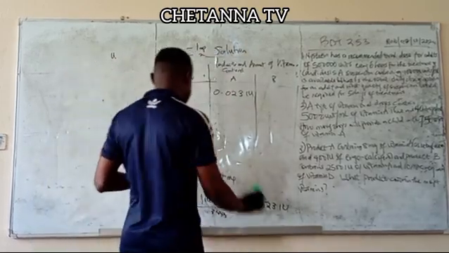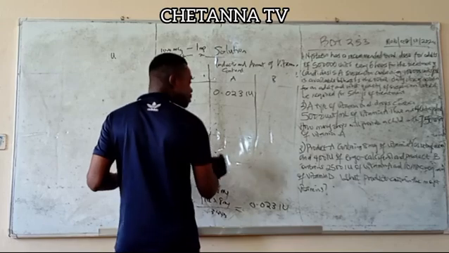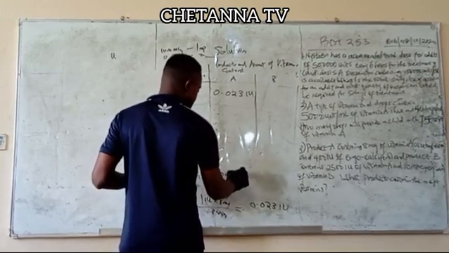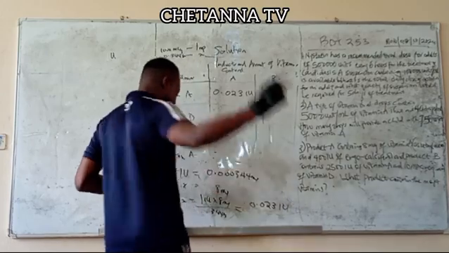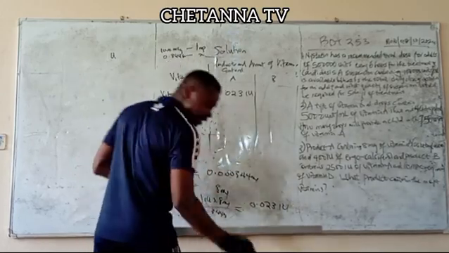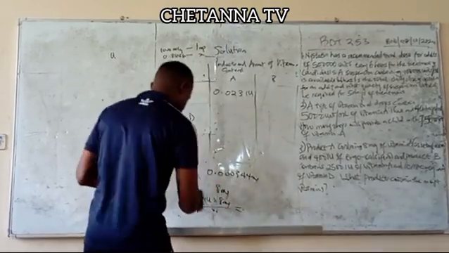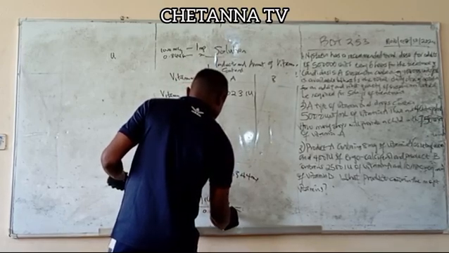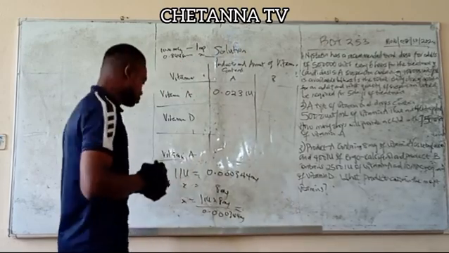So if we divide, what's the answer? 0.000344. So we are dividing by this, right? So if you divide, how many IU will it give you?